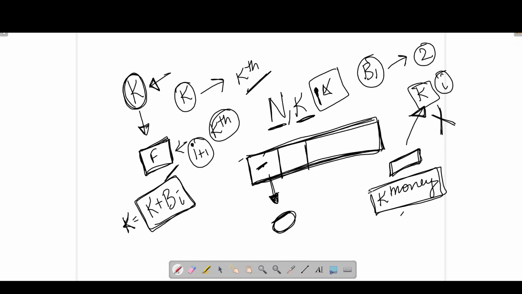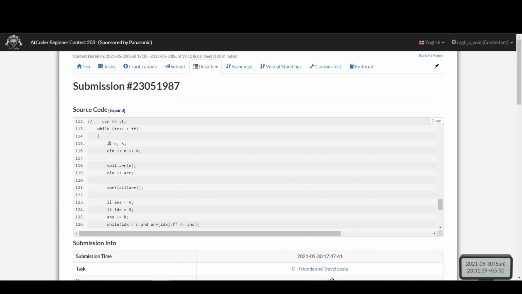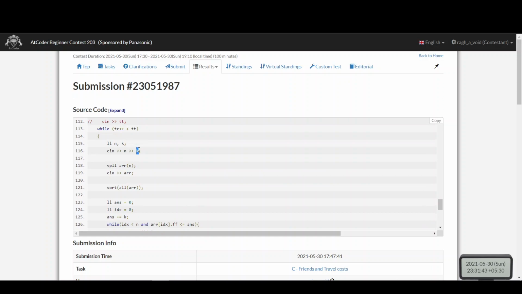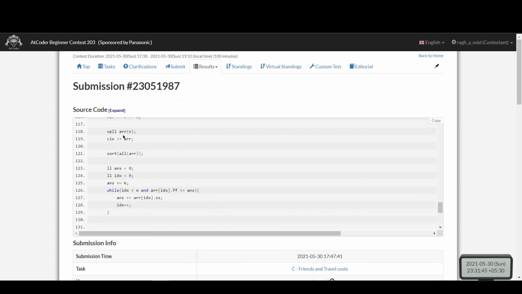So that was all about the solution, and now let's move to the code part. For the code, I took n and k as the input, which were the number of friends and the amount of money which we initially had, and I took a vector of pair long, VPLL, as my input and then sorted the whole array.